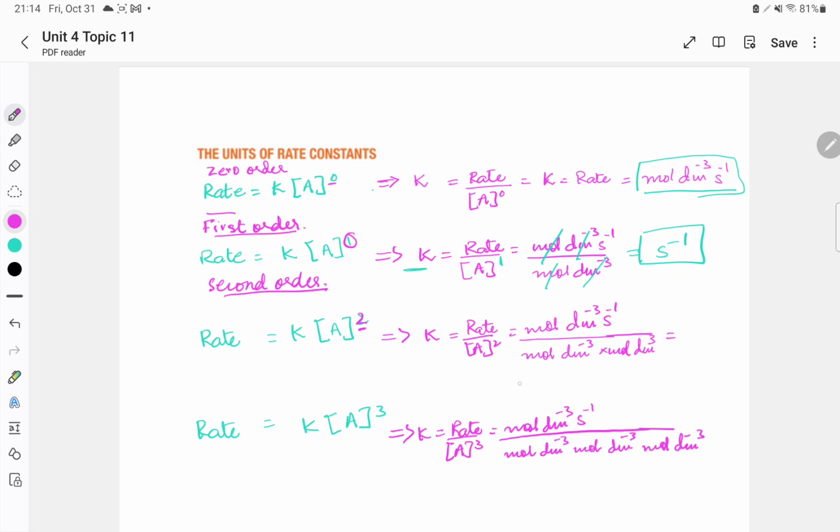So in this case we have to apply it twice. When we apply it twice, we have to multiply by moles per dm cube, moles per dm cube. So we need to cancel it out over here, and then the final unit is going to be dm cube.